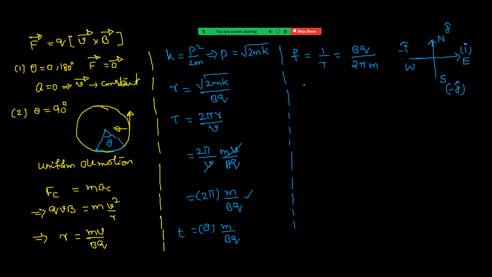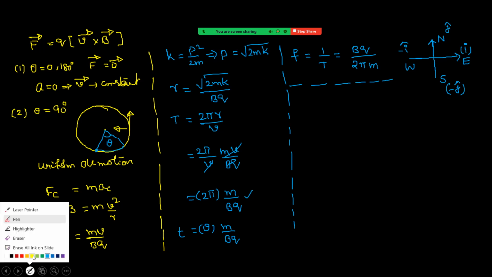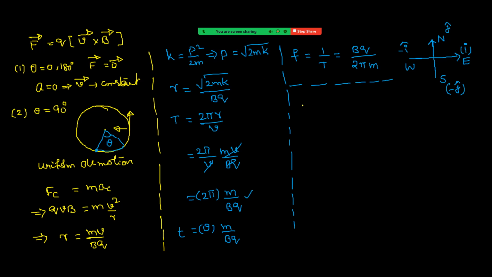Okay. So we are using this notation now to find out direction of force. Let me take one example here to get more clarity. For example, take a positive charge. Charge is positive. Velocity is vertically down.